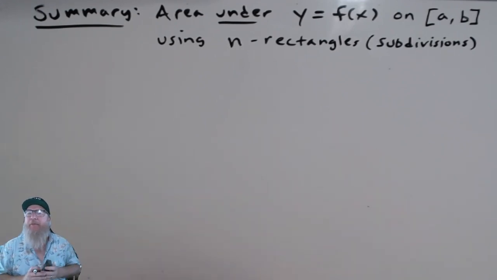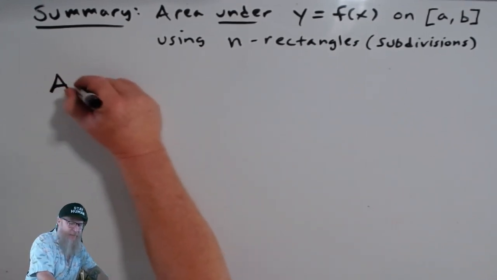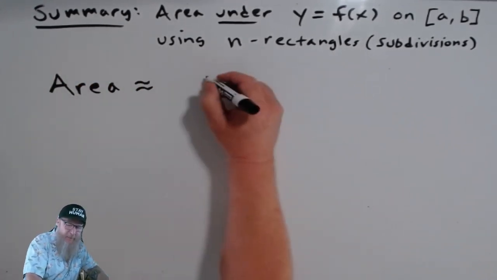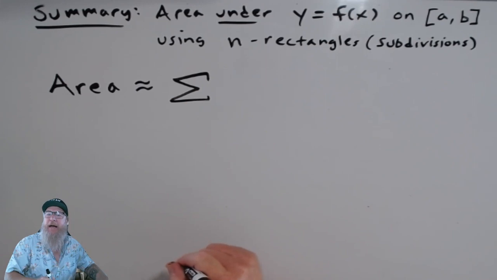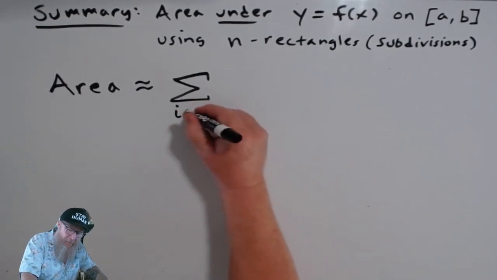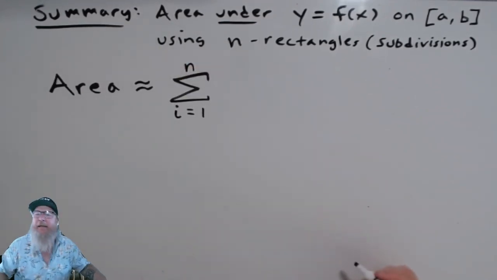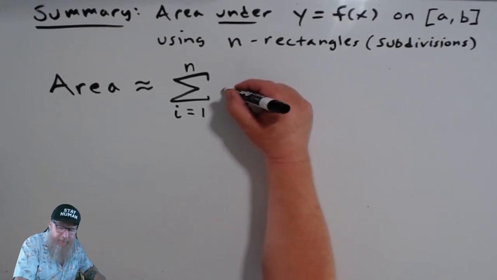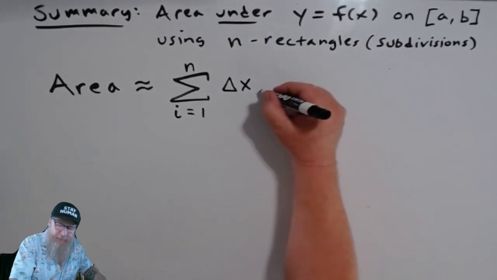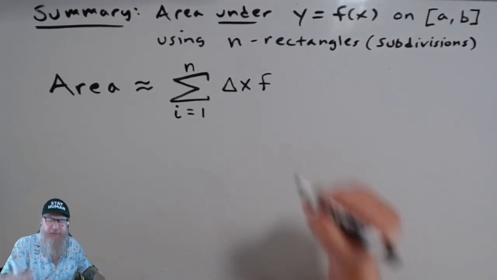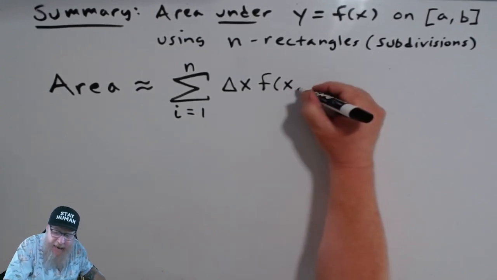And so we've learned 3 different methods, and we can start them all the same way. So the area is approximately the sum. So that's a Greek letter S. We read that as the sum from I equals 1, I is called the index, to n of the area of each rectangle, which is the width, delta x, times, now you can omit the dot, I usually do, times the function value at xi.